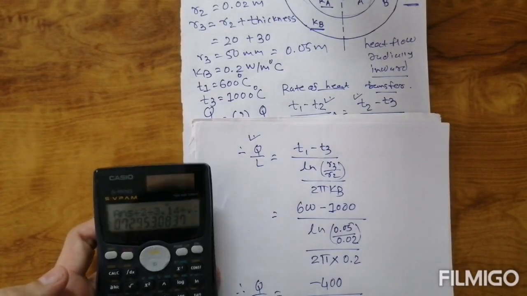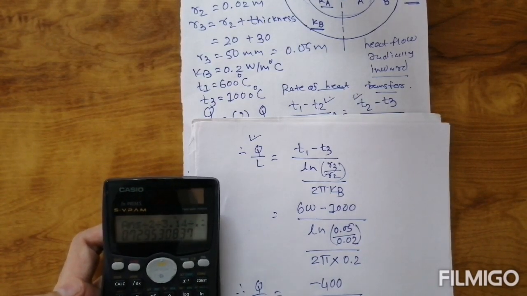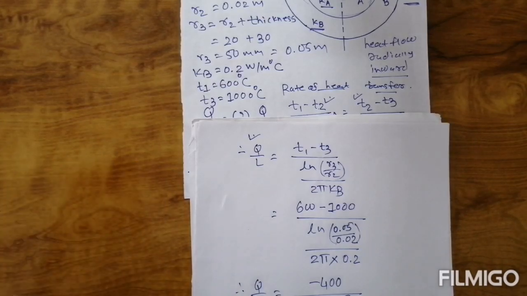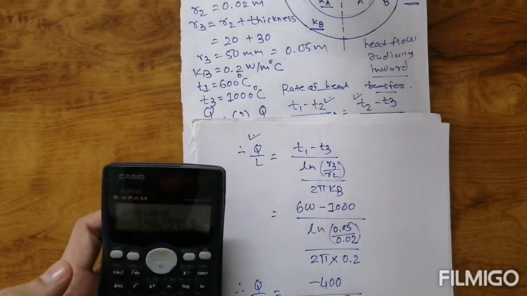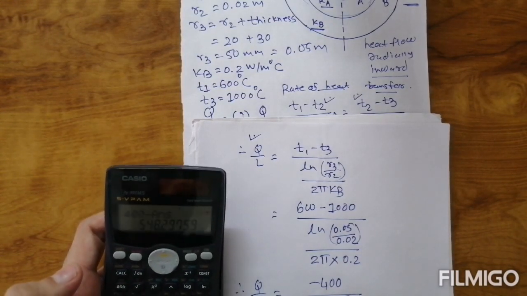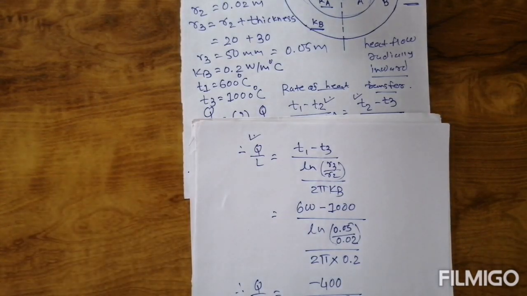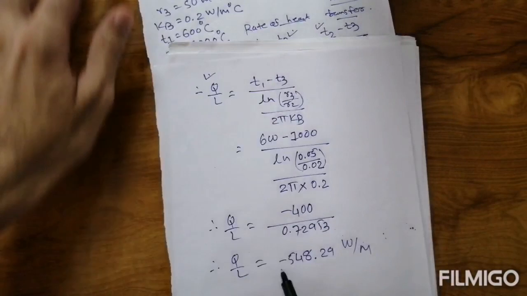So 400 divided by 0.72953, and our answer is minus 4548.29 watt per meter. Why is our answer negative?